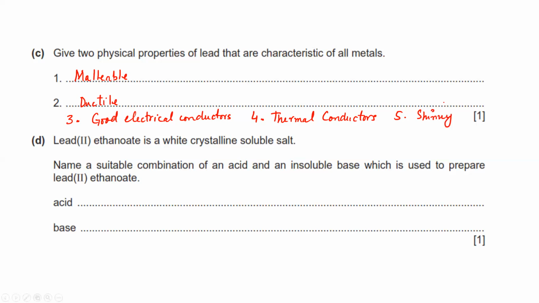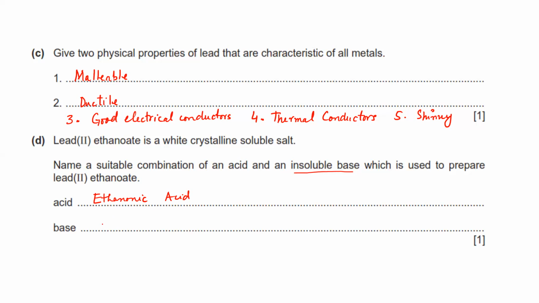So it's good. Then it says lead ethanoate is a crystalline soluble salt. Name a suitable combination of an acid and an insoluble base that is used to prepare lead ethanoate. So the acid, since it is lead ethanoate, you can say ethanoic acid. Ethanoic acid will be a good choice, and ethanoate comes from here.